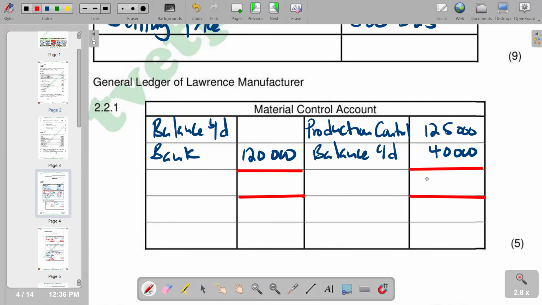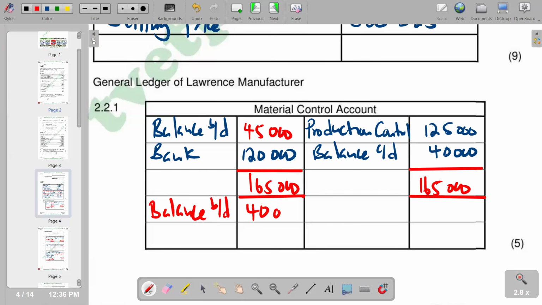It will give us 165,000, which will come on both sides in between the double lines. And then we subtract 165,000 minus 120,000 to get the balancing figure of 45,000, which is the CD, and it should also come on the opposite side as our BD. So that's our material control.